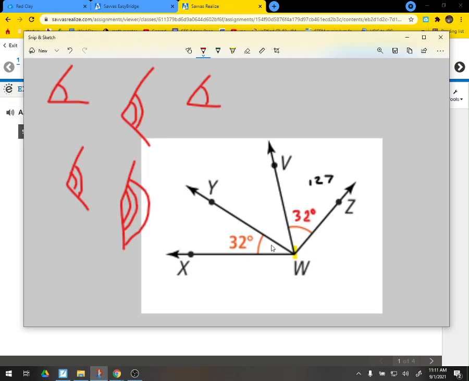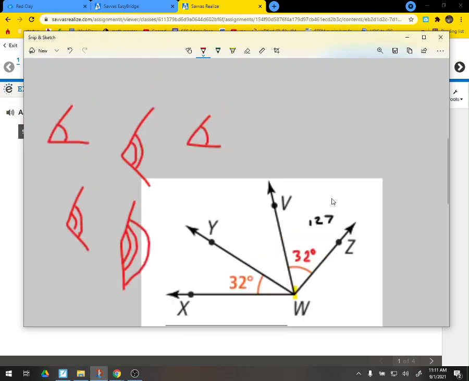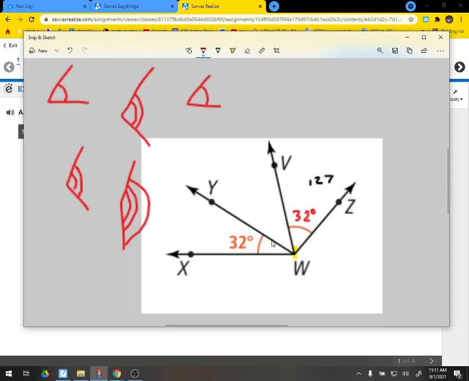So in this diagram, since that was 32 and that has another marker, they're both 32. And then it was asking for this one, so I'll put a double marker here to show that it's different than these two. I mean, maybe it's the same, but it's probably different.